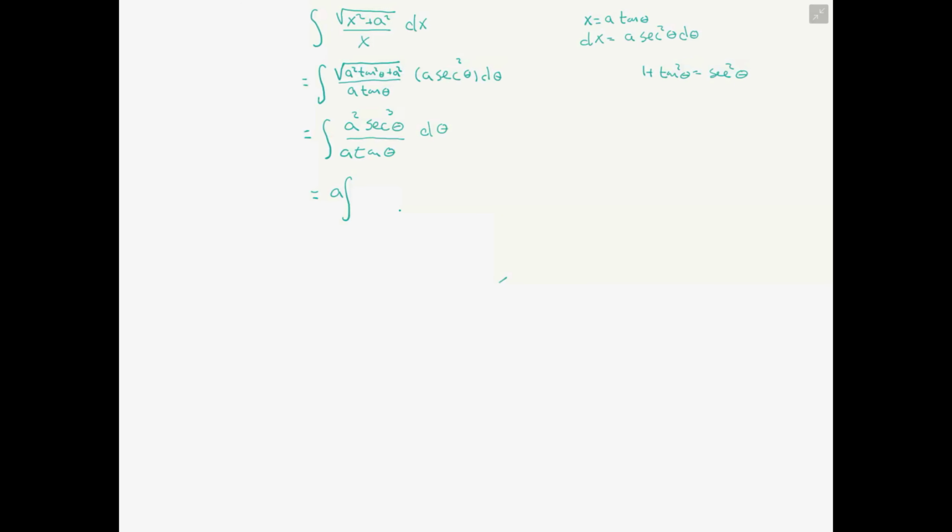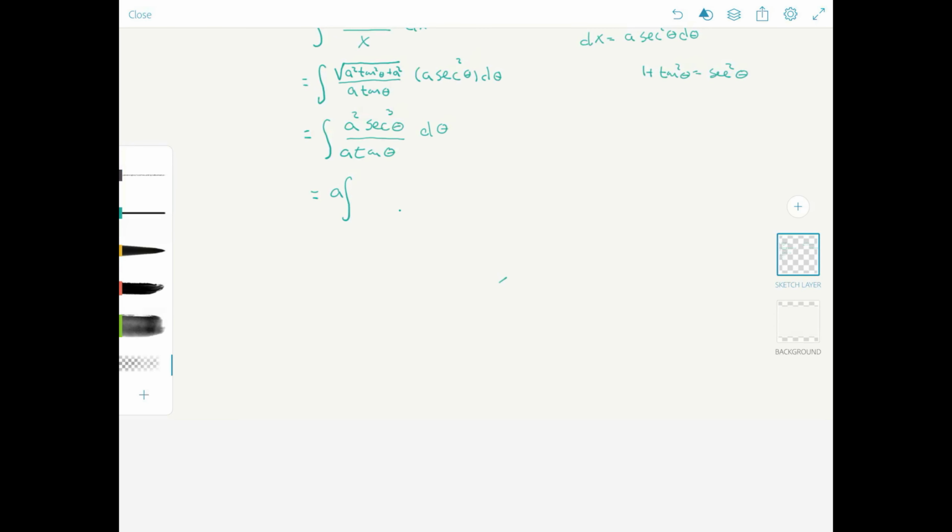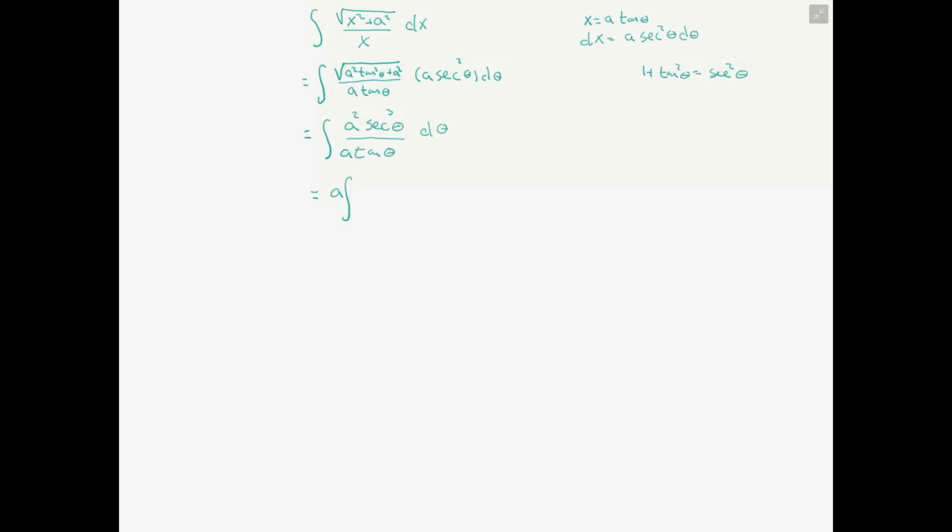Now I'm trying to figure out what is the best way to go, because secant to the third is secant squared times secant, and then I can use the tangent identity: 1 plus tangent squared equals secant squared.